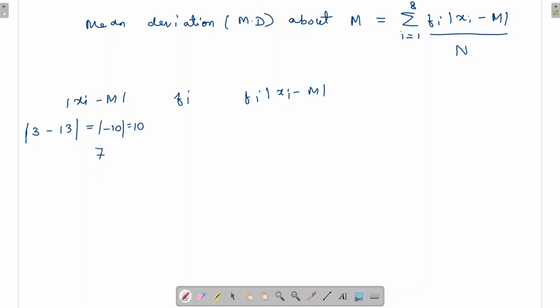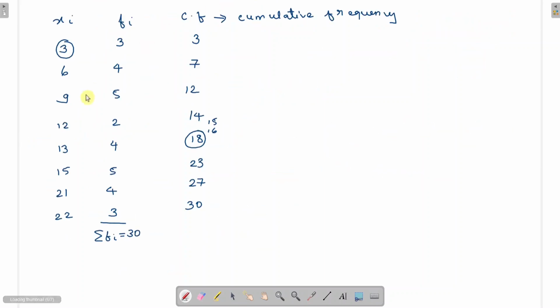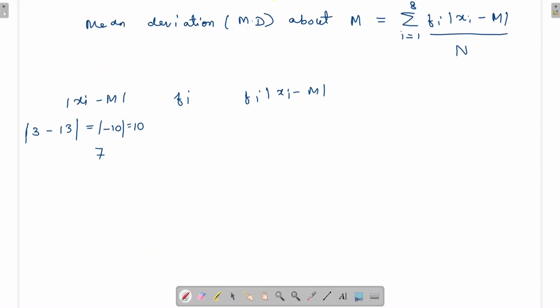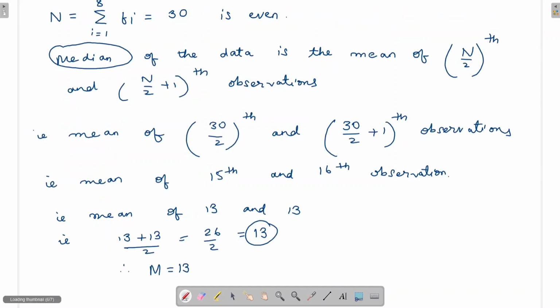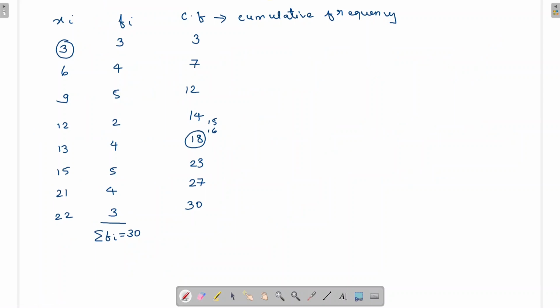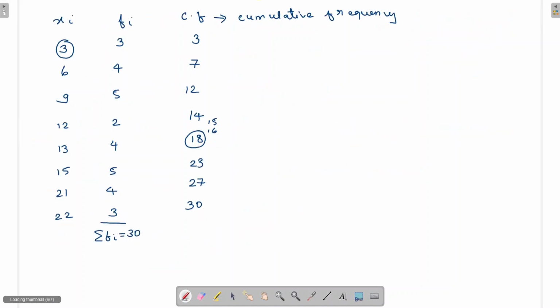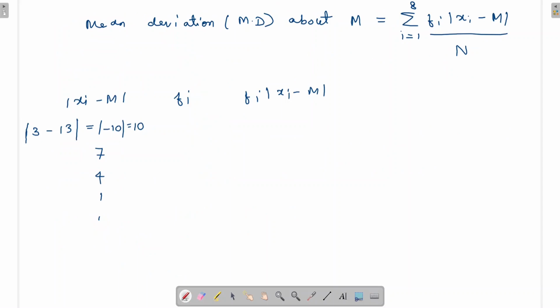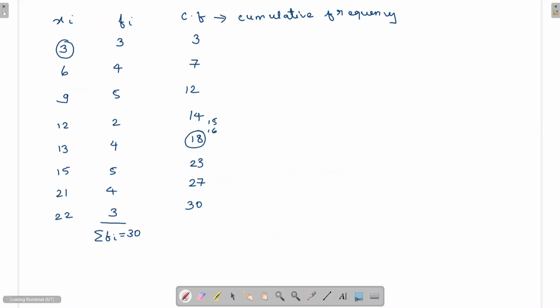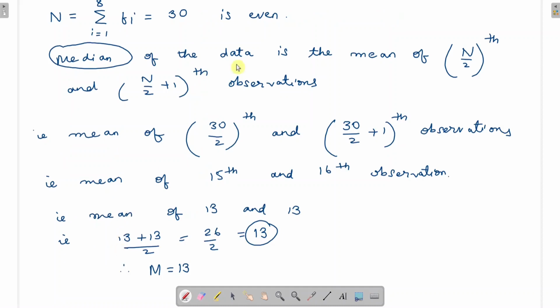Then modulus of 9 minus 13, that is 4. Then modulus of 12 minus 13, that is 1. Then modulus of 13 minus 13, which is 0. Then modulus of 15 minus 13, that is 2.